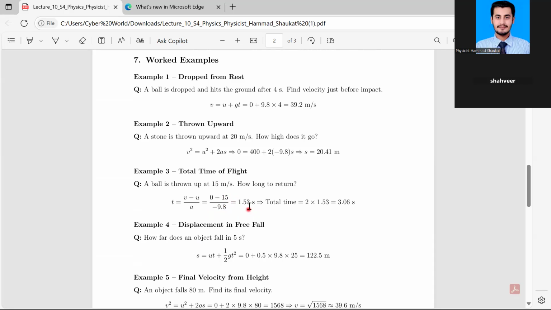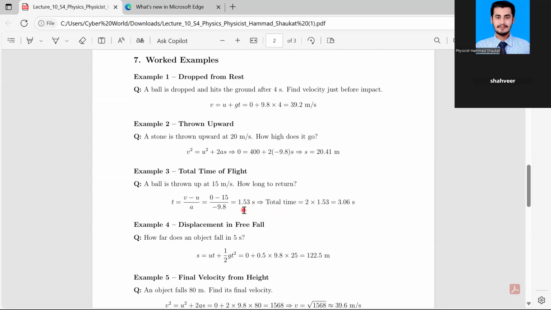This is the time taken to reach the highest point. But if they ask you to find the total time, what do you have to do? The same time is required to drop down. If you throw a ball up, it reaches the highest point in this time.